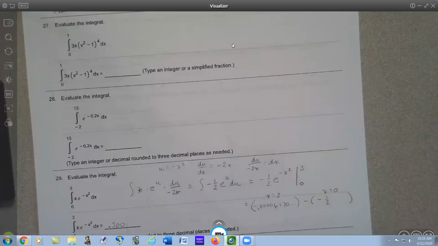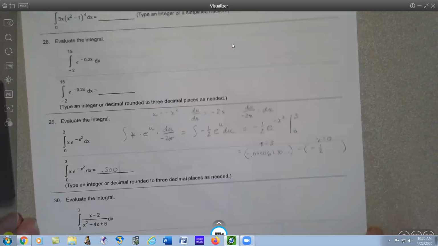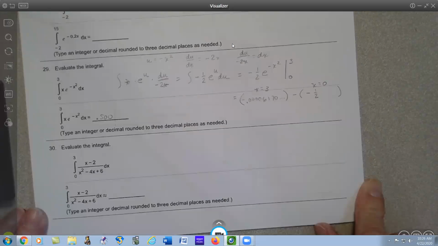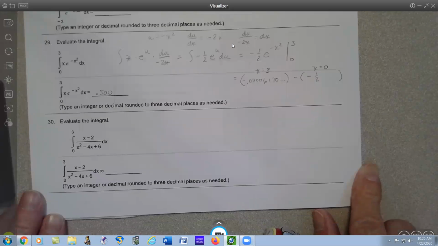So more evaluation. Why don't y'all try 30? I'll be quiet for a couple of minutes, and I'll do it on a sheet of paper if I can find me a sheet of paper.